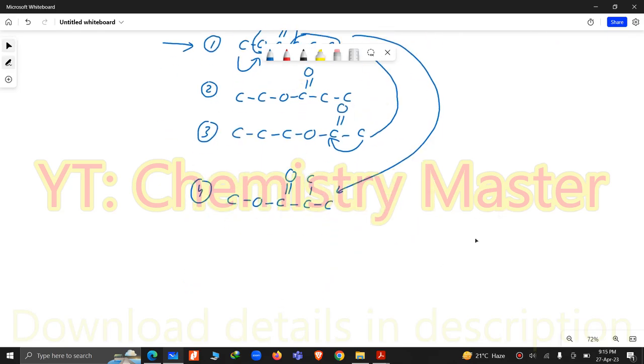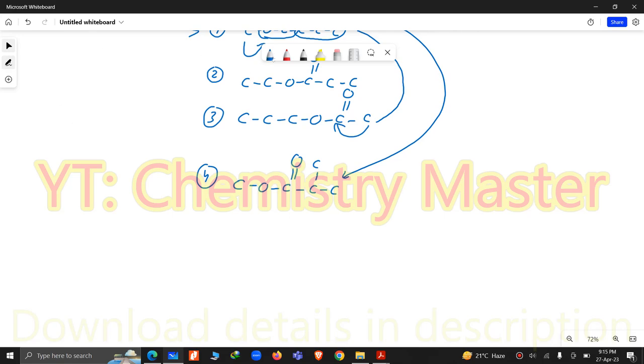Now another change I can make from here: you can see that this branch or this group is bonded with the carbonyl group. How about if I bond this group with the oxygen? Then I will get another isomer.